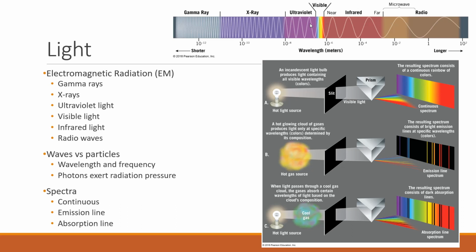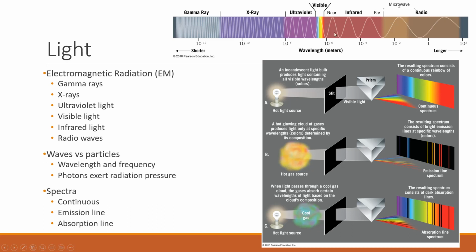So red, orange, yellow, green, blue, violet. I'm sorry, I missed indigo. Red, orange, yellow, green, blue, indigo, violet is the order from lowest energy to highest energy. And those have different wavelengths. When we're seeing those different colors, we're actually seeing objects vibrate at different frequencies, different energies.